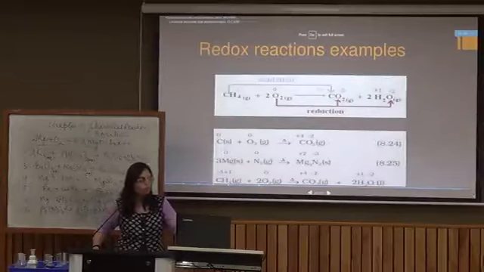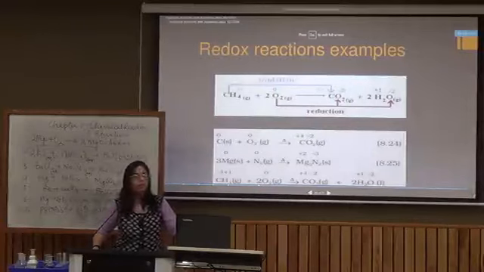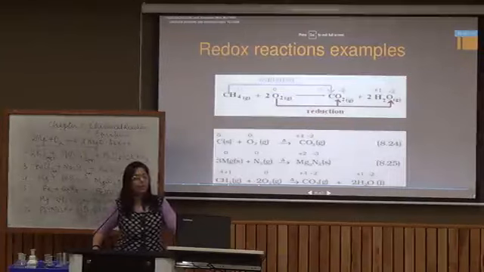So reduction and oxidation happen simultaneously. When one substance gets oxidized, the other one gets reduced. The substance which provides oxygen to bring about oxidation reaction is known as an oxidizing agent, and a substance which accepts oxygen or provides hydrogen for reduction is said to be a reducing agent.